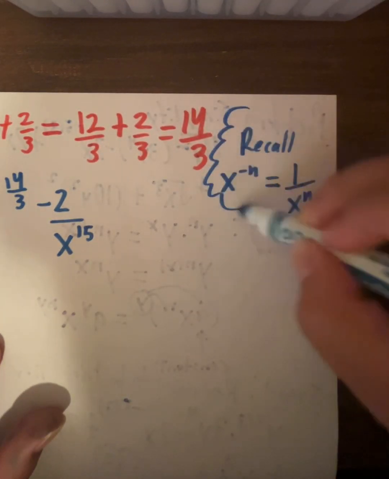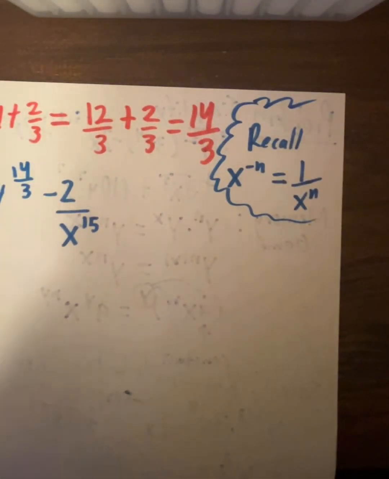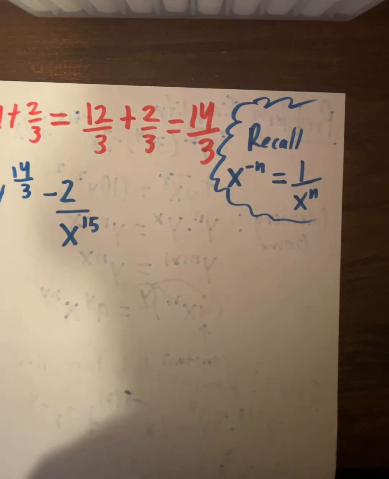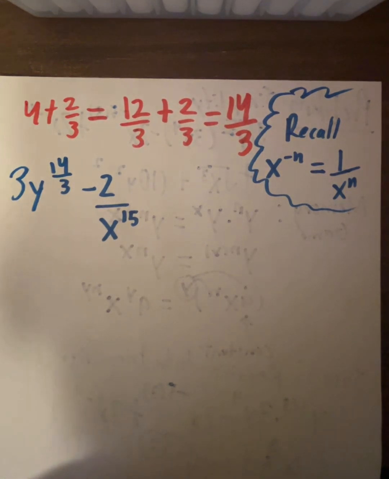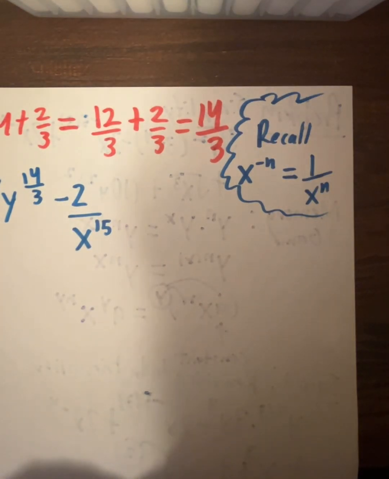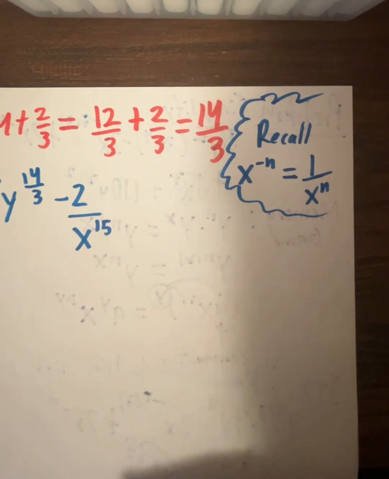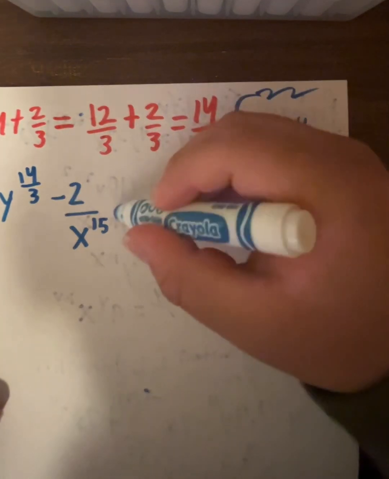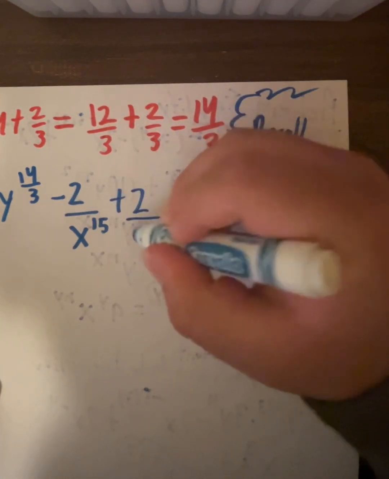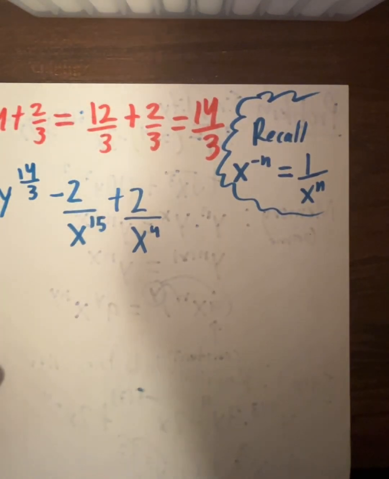Recall. And so that's why we have minus 2 over x to the 15, because we want to bring the 15 down. And we also bring down the plus 2 times x to the negative 4th, 2 over x to the 4th.